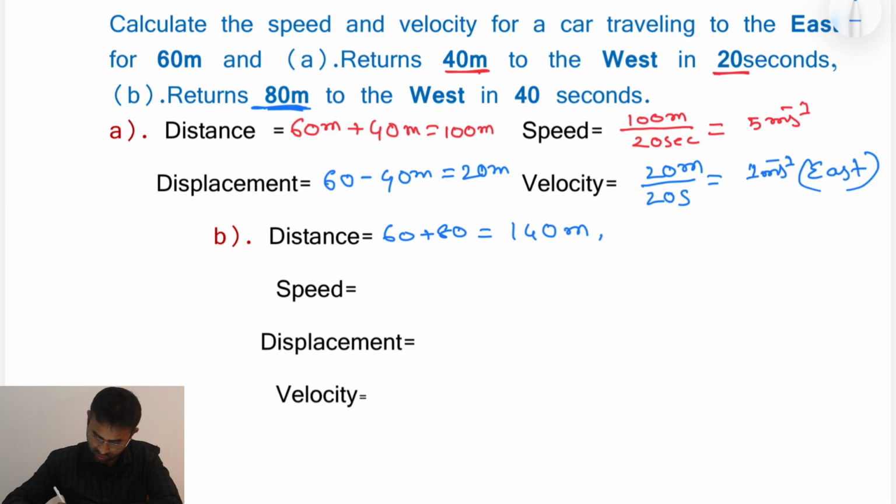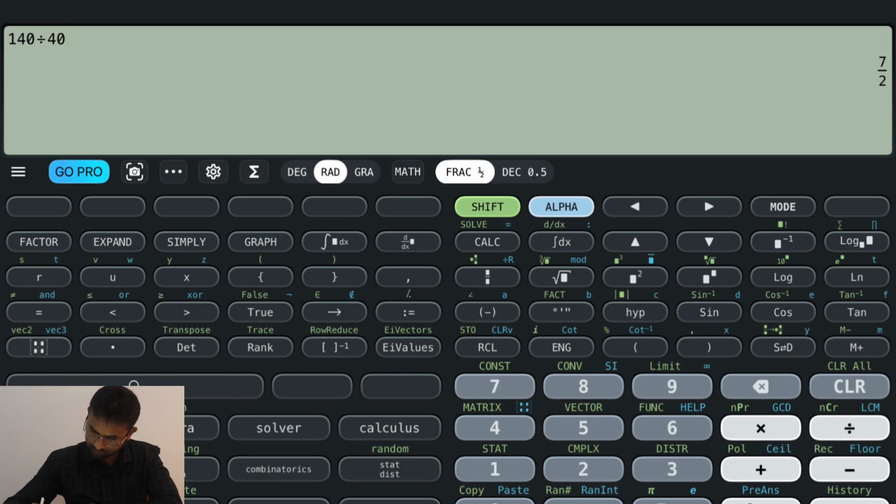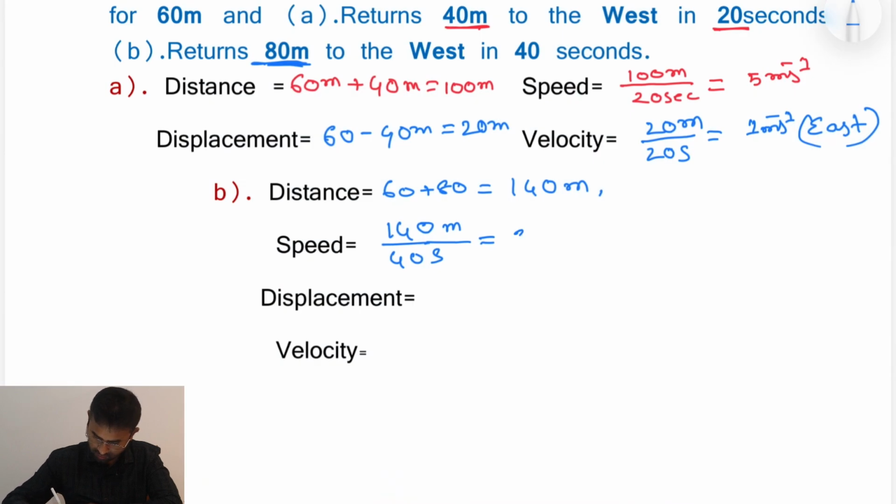So speed will be 140 over 40, let me calculate it, is equal to 3.5 meter per second.